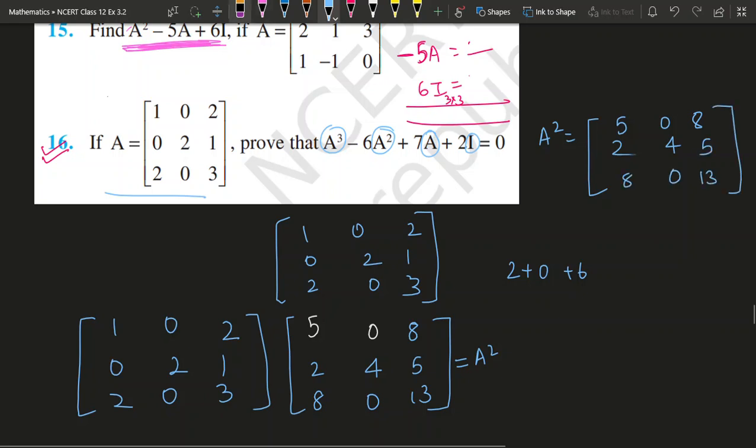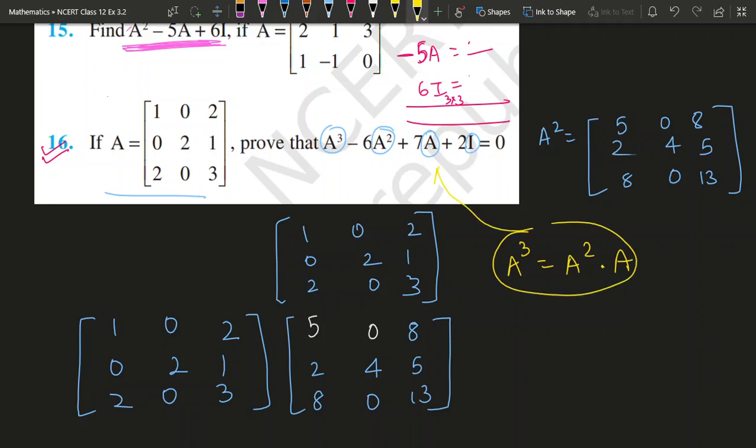Okay. And then you figure out what A cubed will be. So A cubed is just A squared times A. And you can figure out what that will be. And once you find out the value for A cubed, you'll put everything back into this equation and solve it.